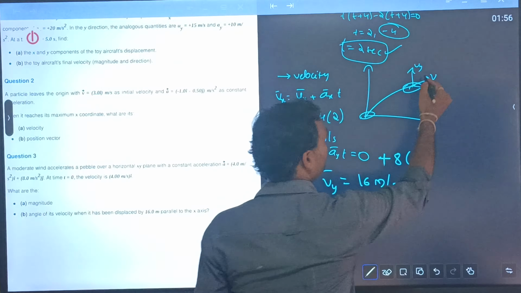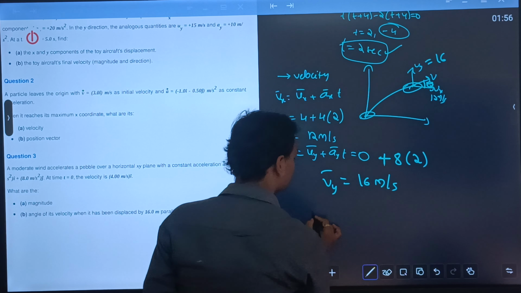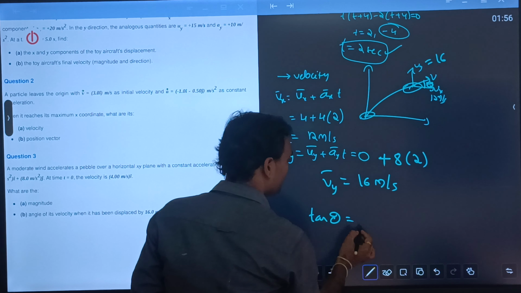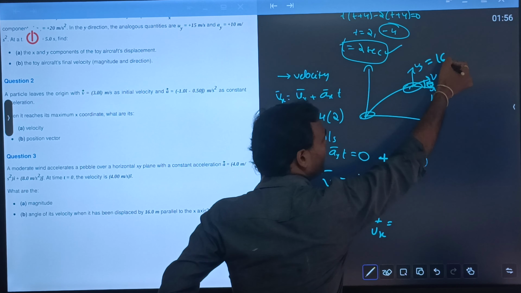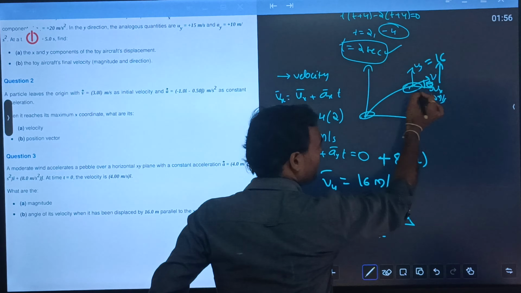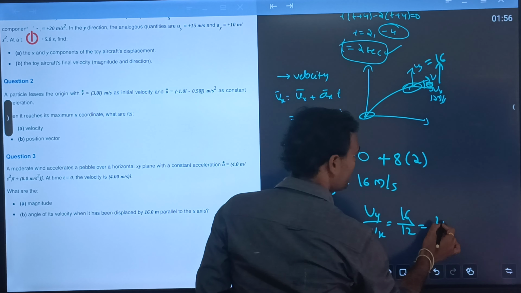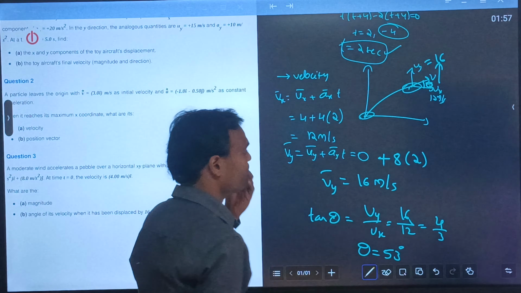And here this will be 16. Now let us assume this will be the angle: tan theta is equal to opposite by adjacent. The opposite side is this one, parallel to Vy, 16, and the adjacent side is 12, which is equal to 4 by 3. Then theta is equal to 53 degrees, right?